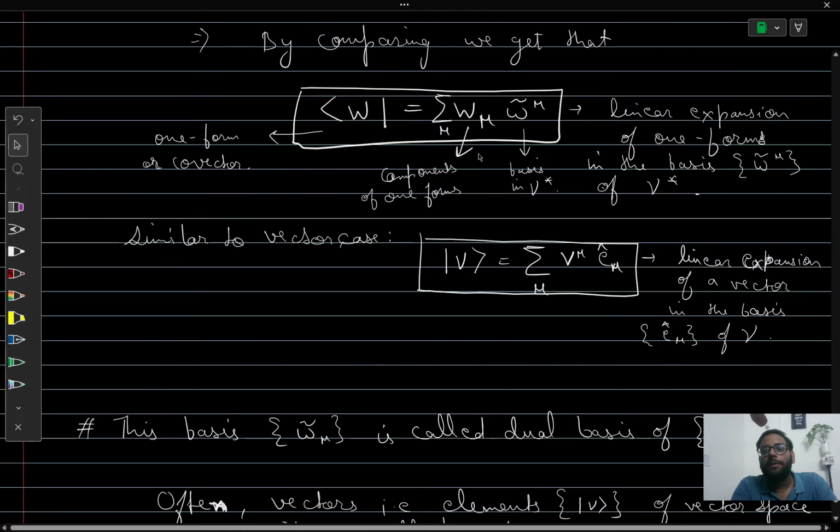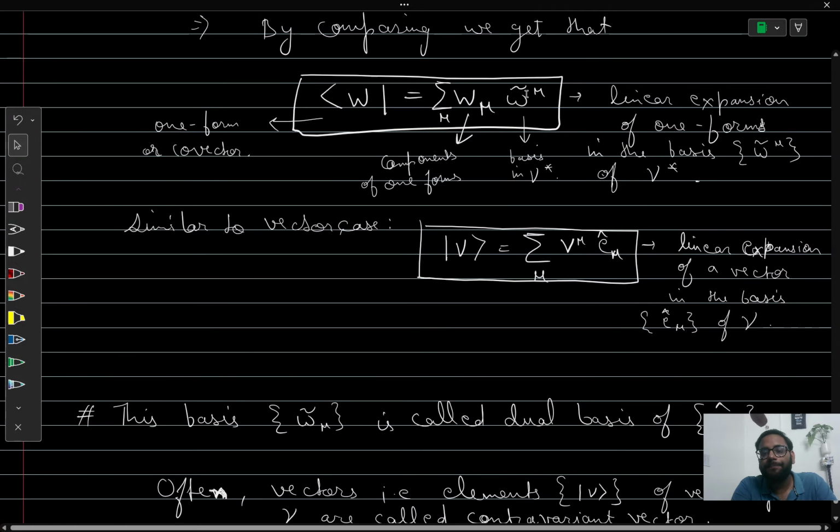Since the basis of covectors transforms opposite to their components, we write the indices for the basis one forms opposite to this convention.